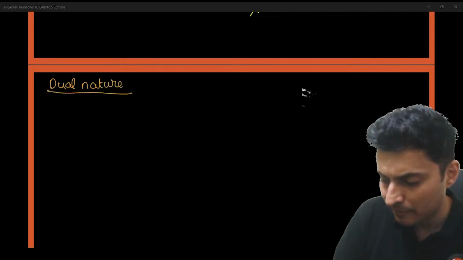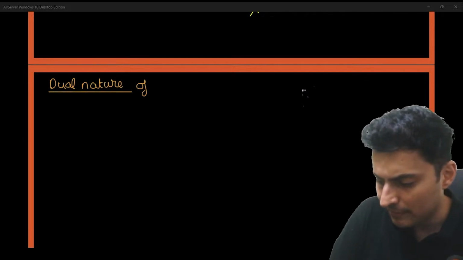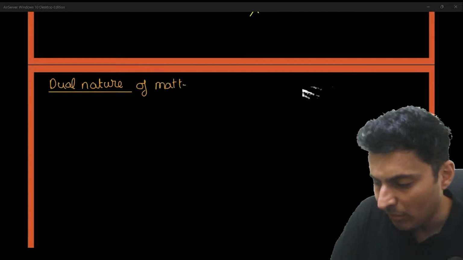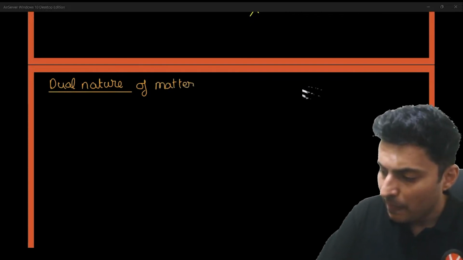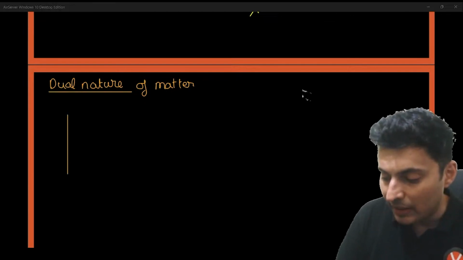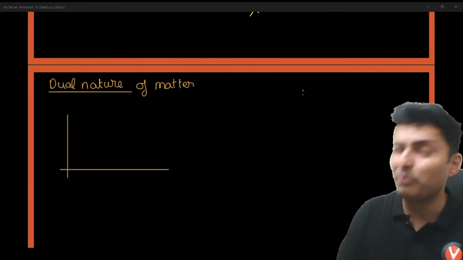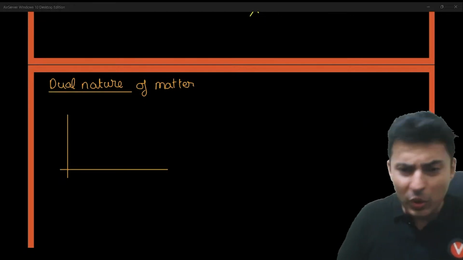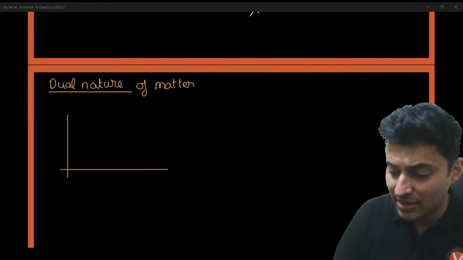For dual nature of matter, if you take the energy of a particle, not a photon, like a proton, electron or neutron, these are matter masses.